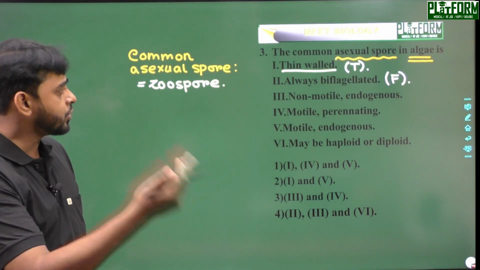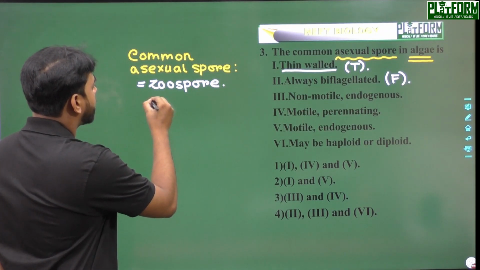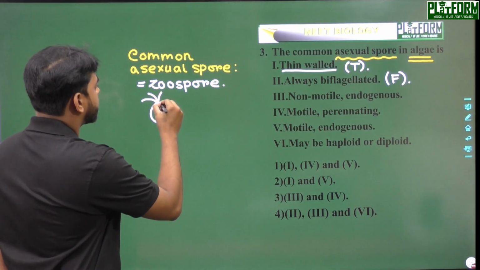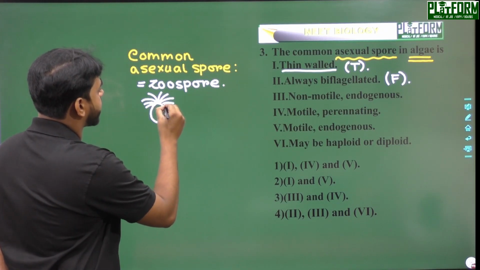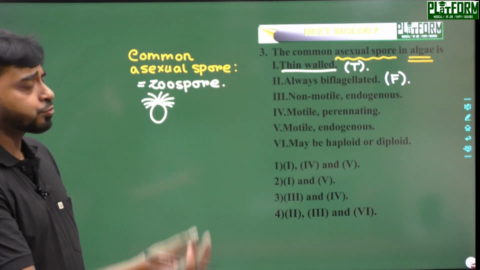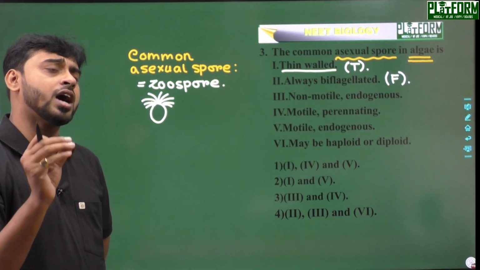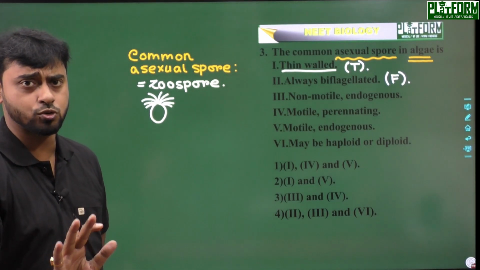There are many zoospores mainly present in the members of Chlorophyta. They have the flagella, and the number of flagella ranges from 2 to 8. There are some zoospores under the group brown algae, which have biflagellated zoospores.